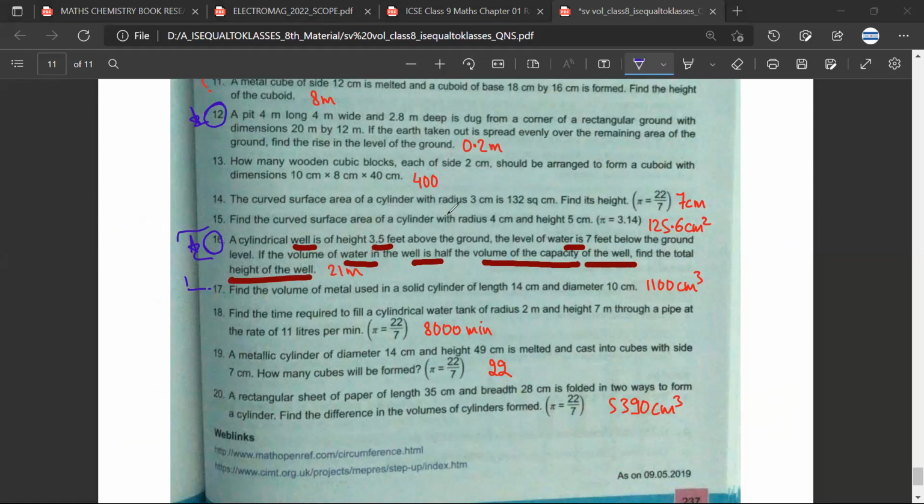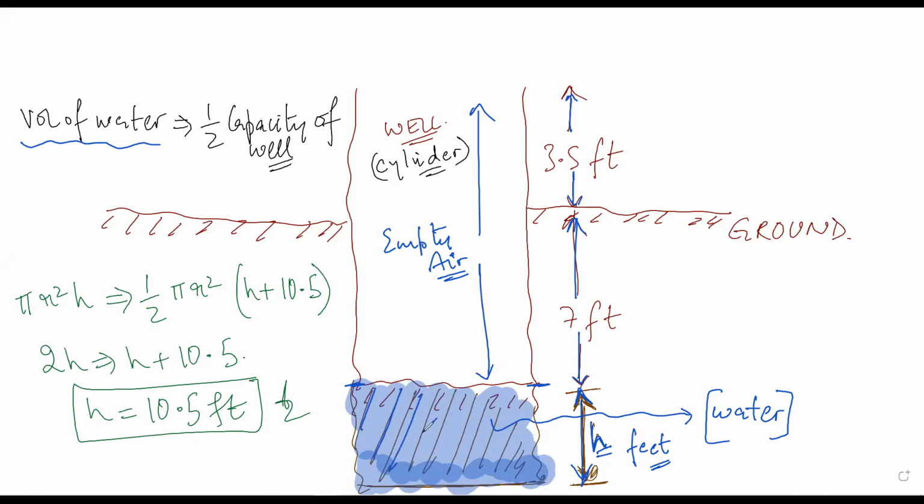So when we look at this figure, what he is saying is the volume of water, so this portion, is half the capacity of the well. So the capacity is the total volume of the well, which is like this.